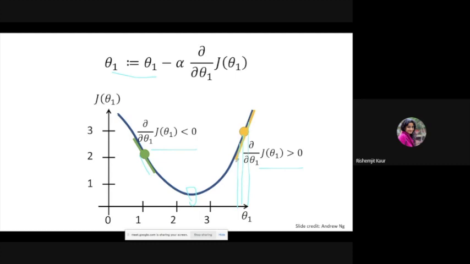So the next value of theta will be somewhere around here. But if we start from here, our gradient will come out to be negative. So negative negative becomes positive, which means we will end up increasing the value of theta. So maybe earlier we were at 1, now it will come out to be 1.2 or something, but ultimately we are reaching over here. That's our ultimate goal.